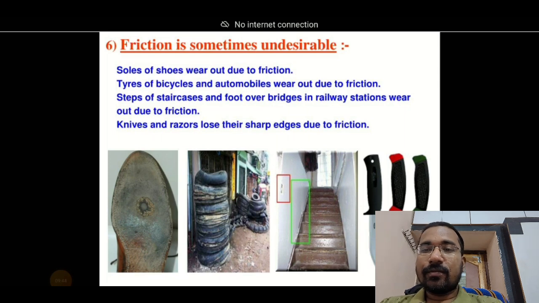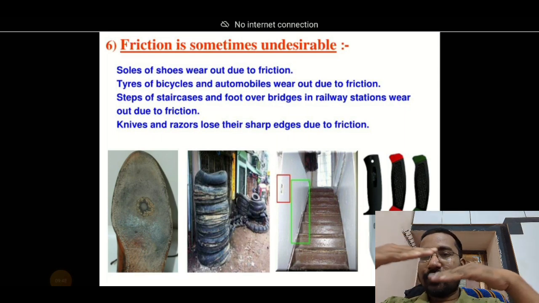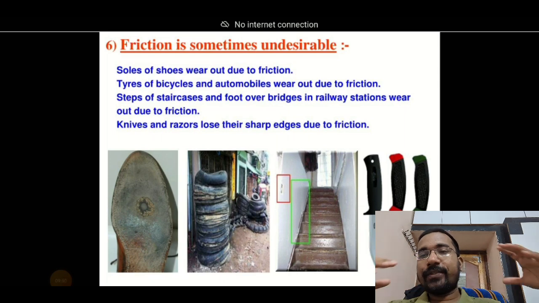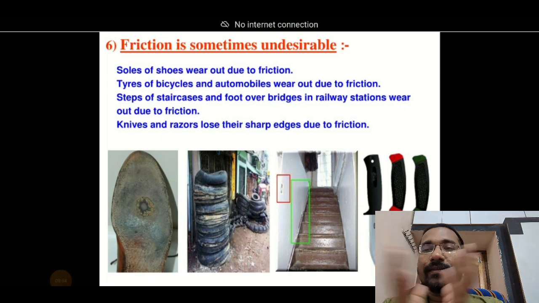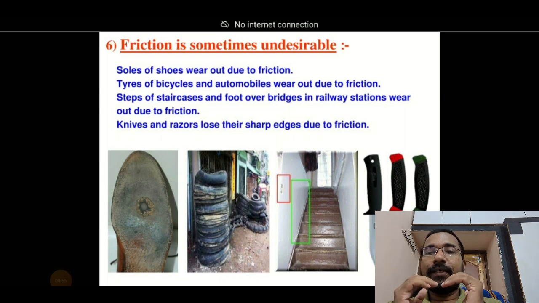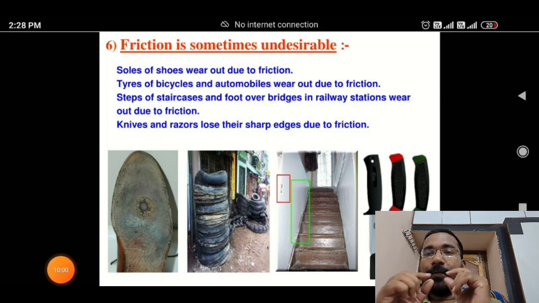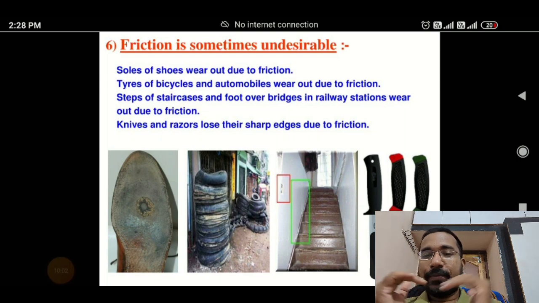So friction is sometimes undesirable, like with interlocking, which I have just taught you. Interlocking means when you push the interlock, what will happen to the molecules? They will break. After breaking, the molecules will break away.